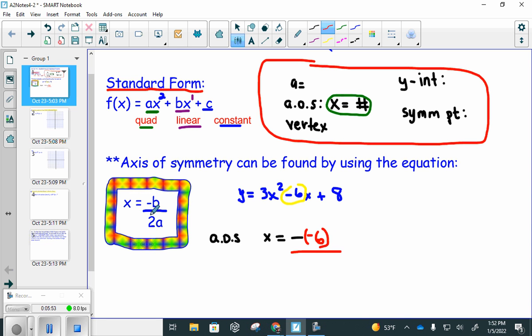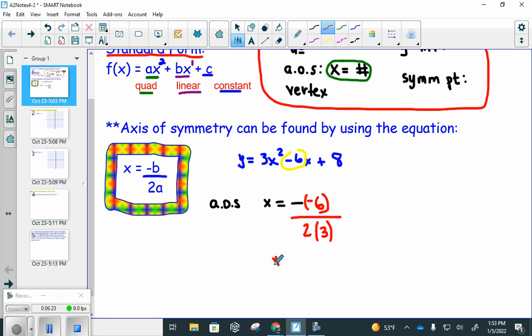And divide that by 2 times a. And the a in this problem is 3. So you'll just follow this form. This is an equation. And this formula will have to be memorized. You have to know that in order to do this. But it's always the negative version of b. So if my b is negative 6, I'm going to do negative 6 on top of the fraction divided by 2 times the a, which is 3.